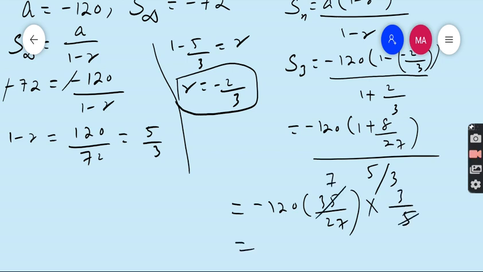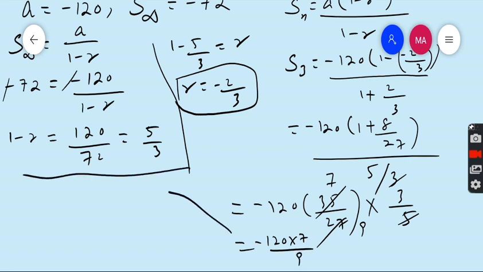Five sevens are 35, three nines are 27. So minus 120 into 7 upon 9. The answer is minus 280 upon 3.